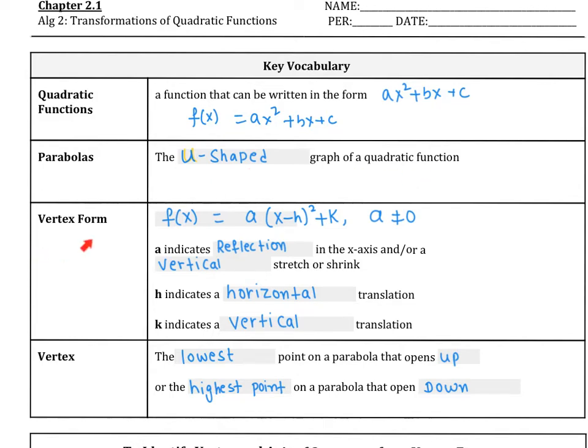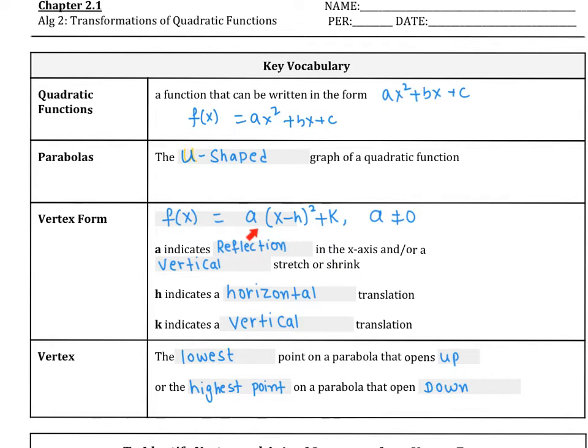The vertex form of a parabola is f(x) equals a times (x minus h) squared plus k, where a is not equal to 0. The letter a in the front indicates reflection.